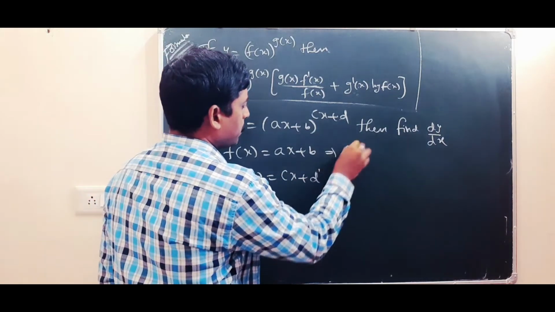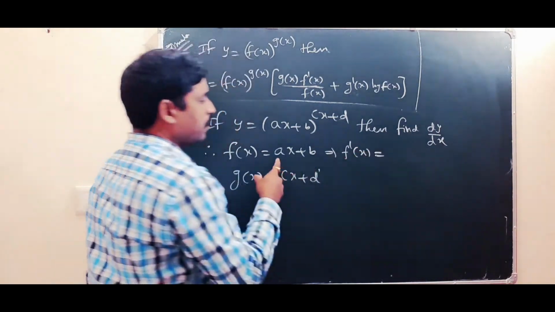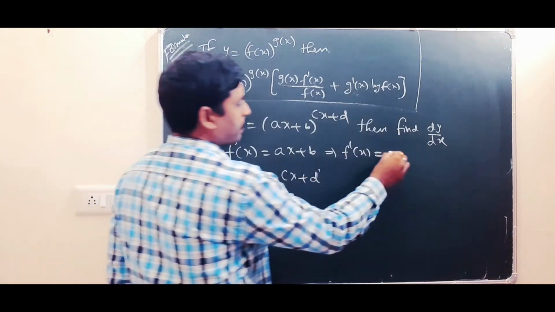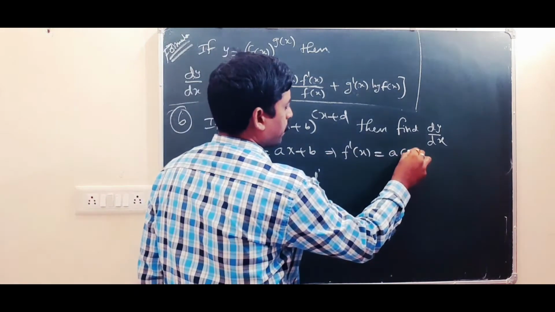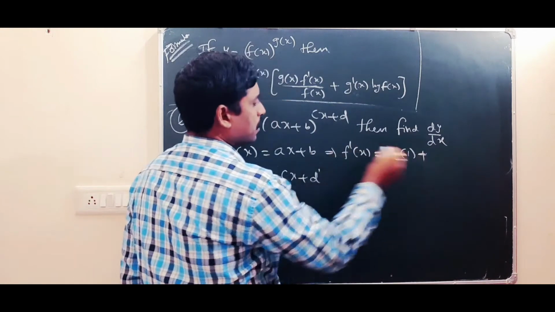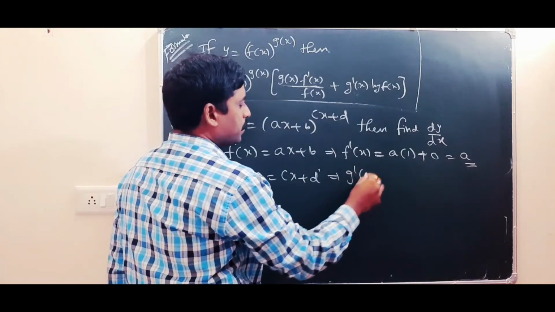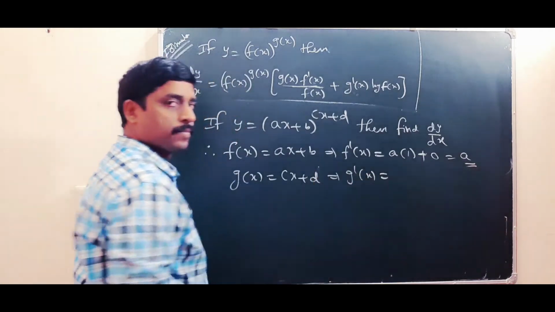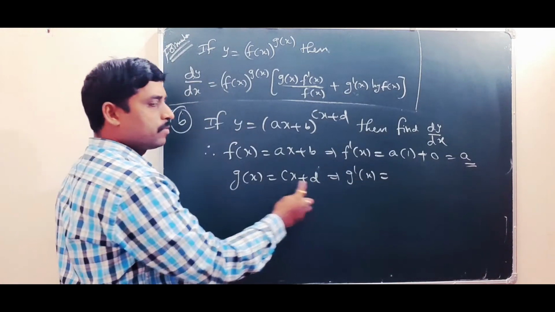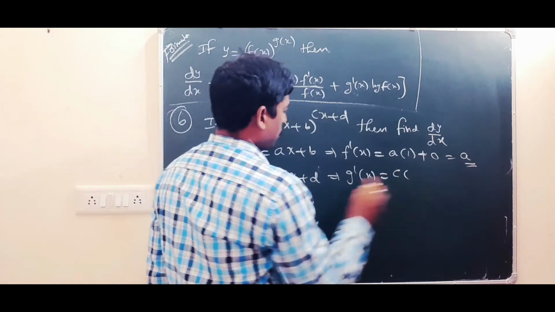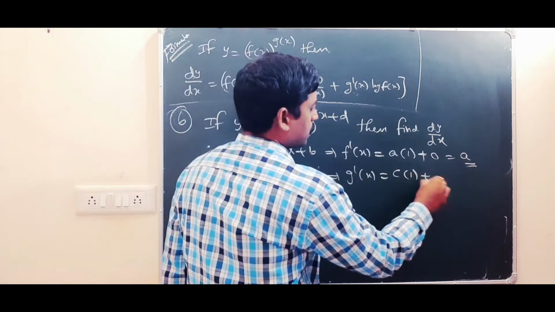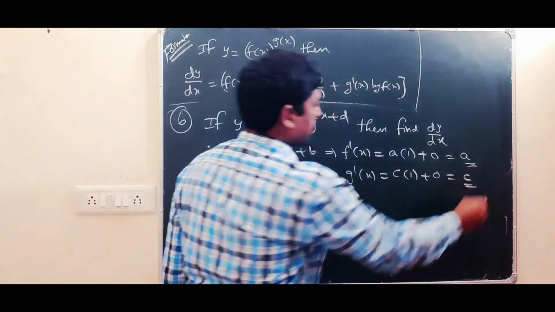Now the derivative of f of x: the derivative of ax plus b, a is constant, derivative of x is 1, b is constant with derivative 0, so this will be a. The derivative of g of x we get g dash x: derivative of cx plus d, c constant, differentiation of x is 1, d constant with derivative 0, this will be c.